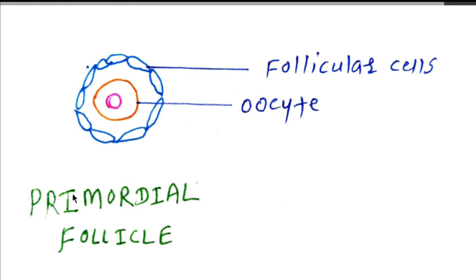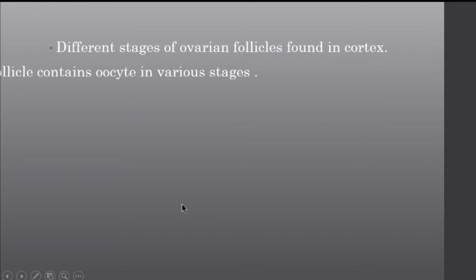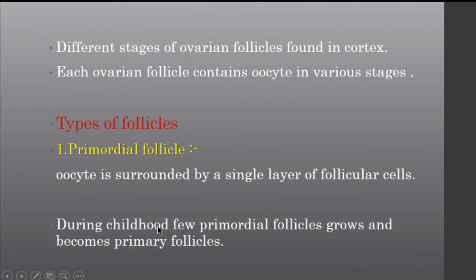In short, we can define the primordial follicle like this: the follicle which contains the ovum that is surrounded by a single layer of follicular cells is called the primordial follicle.